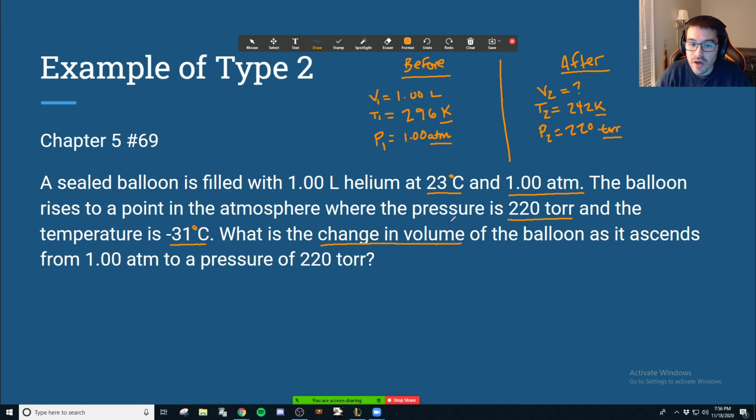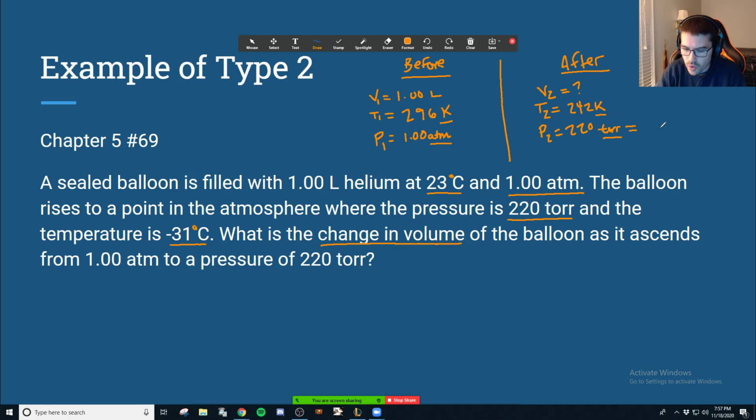Really we're going to be calculating the change in volume. So at the end of the day, we're going to be subtracting these volume values, but we do need to calculate this missing volume. All right, let me go ahead and convert my pressure. I believe the conversion factor is that 1 atmosphere is equal to 760 torr. So let me just convert this to atmospheres.